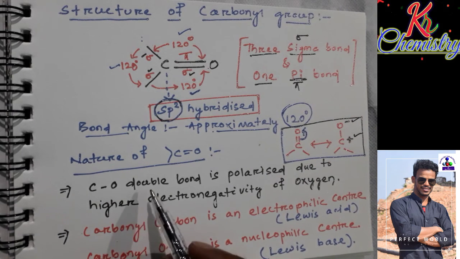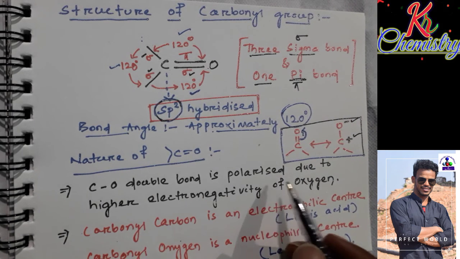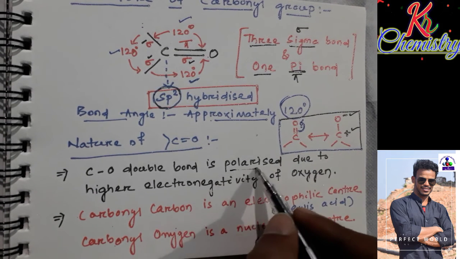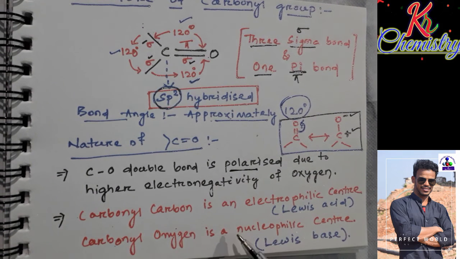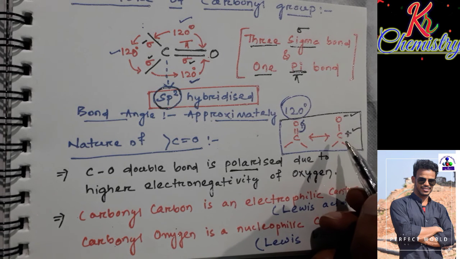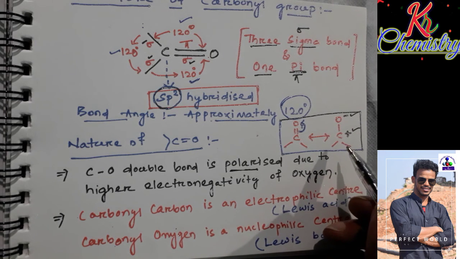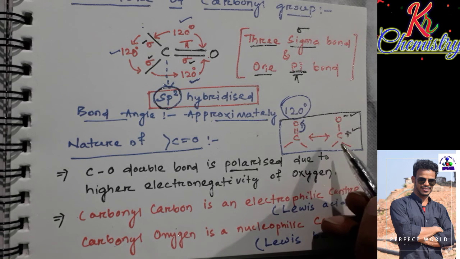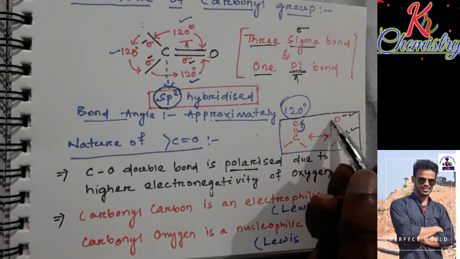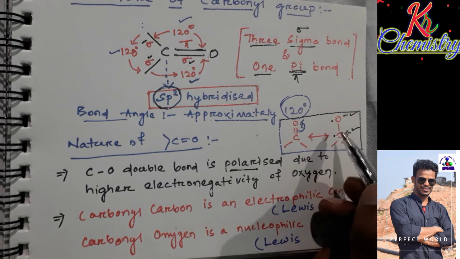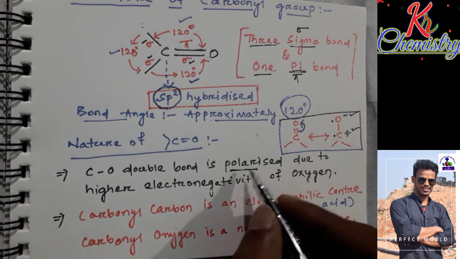So the carbon-oxygen double bond is polarized, which means it forms a polar bond. While a polar bond forms, there is a separation of charges. It forms two poles, one positive and another negative. A dipole moment forms when one atom is more electronegative than another atom. Here oxygen is more electronegative than the carbon atom, so it forms a polar bond.